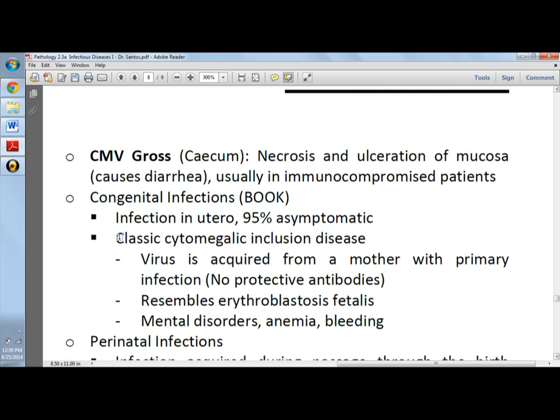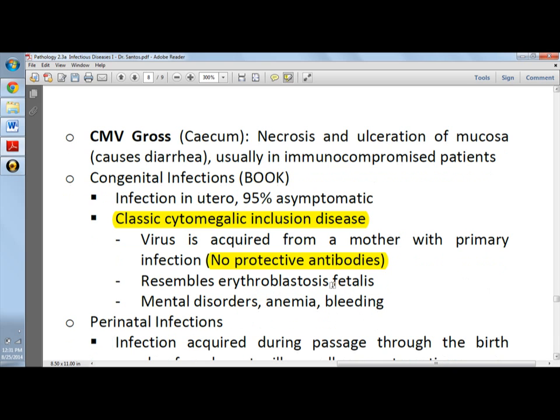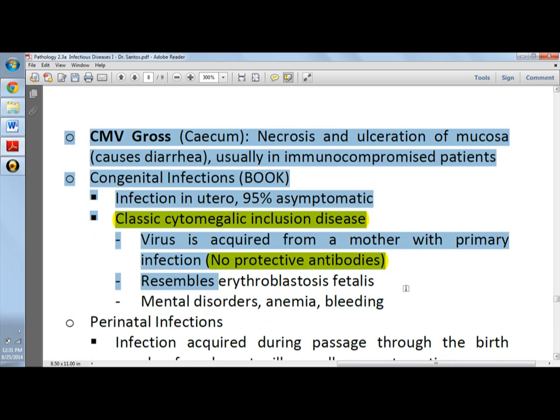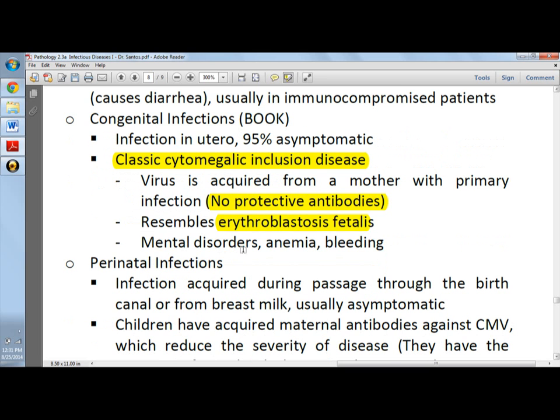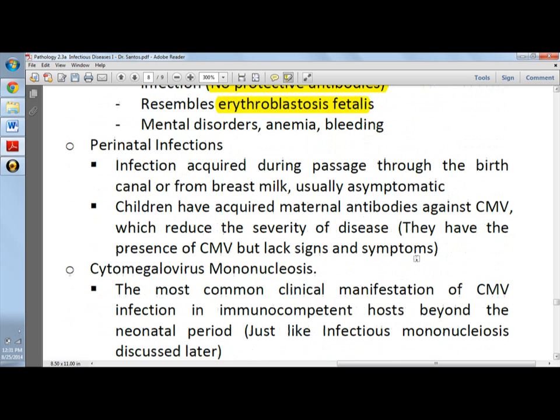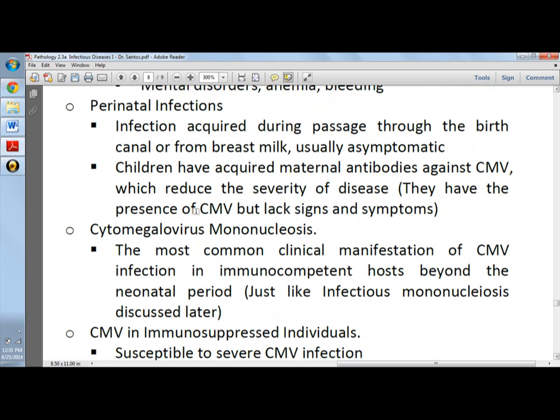A classic cytomegalic inclusion disease is a very important concept wherein the virus is acquired from a mother with primary infection or no protective antibodies, as I said a while ago. And then it resembles erythroblastosis fetalis and would present with these disorders: mental disorder, anemia, and bleeding. Perinatal infection is actually through the breast milk, that's why I said a while ago.